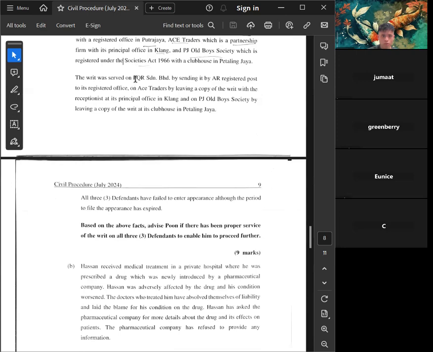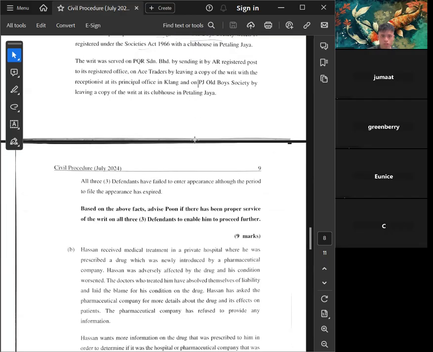The writ was served on PQR Sendirian Berhad by sending it by AR registered post to the registered office. On the second one, by leaving a copy of the writ with the receptionist in Klang, and on the society, by leaving a copy at the clubhouse in PJ.